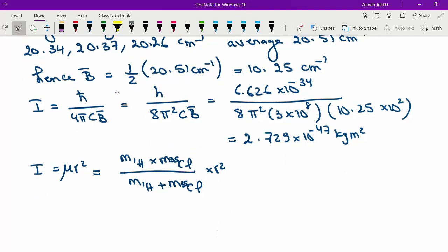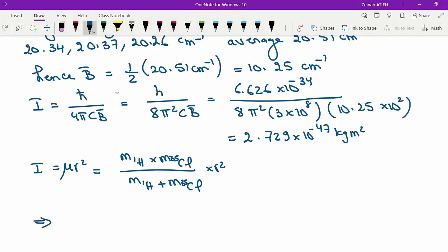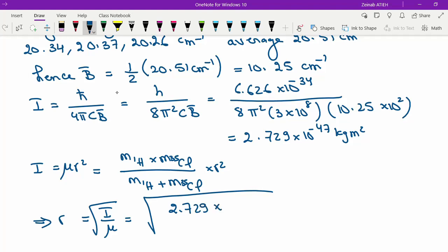So we have to find R squared, which implies R, let's find R directly, equals radical I over mu. I is already calculated, it's 2.729 times 10 to the power minus 47. The masses of H and Cl are given up in atomic mass unit. So I'm just going to use these values.